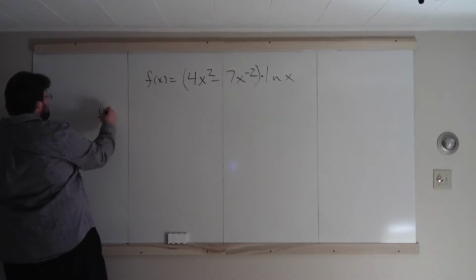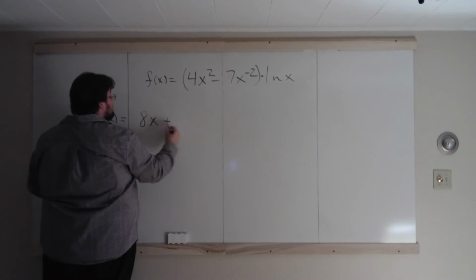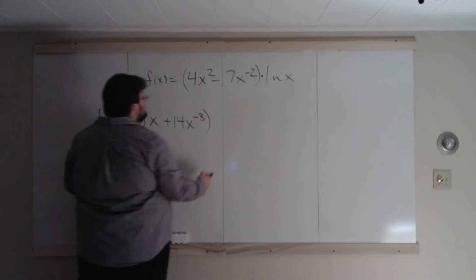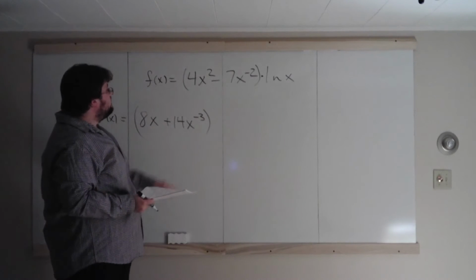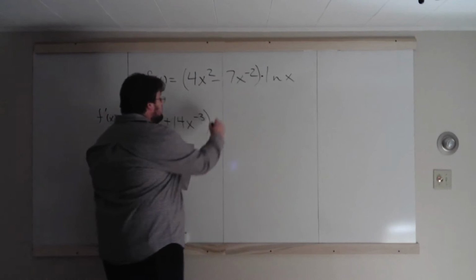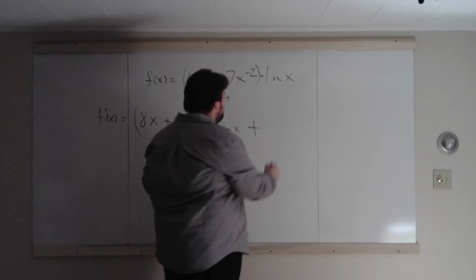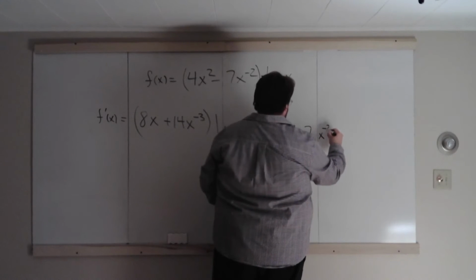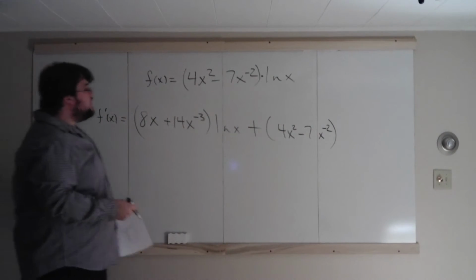So f prime of x equals what? 8x positive 14x to the negative 3. That's only a small part of our answer. We have a product, so the derivative is the derivative of the first times the second. So log x plus the first, just rewrite the first one times the derivative of the second.